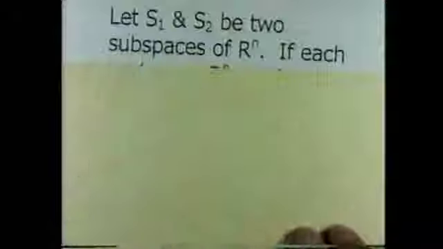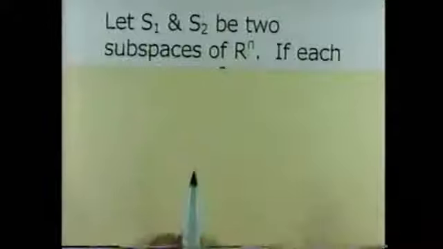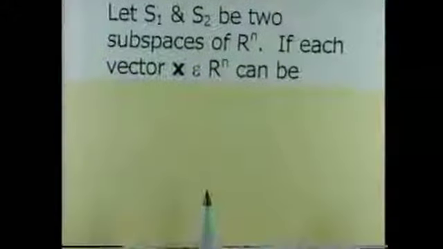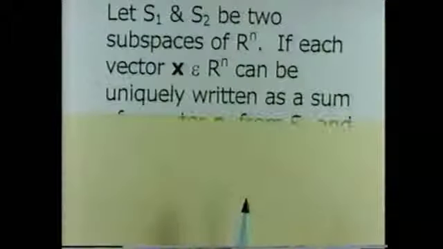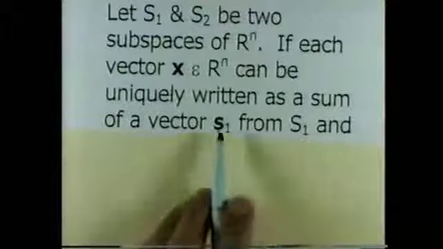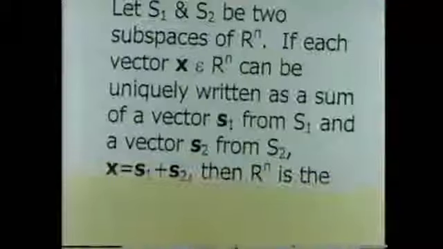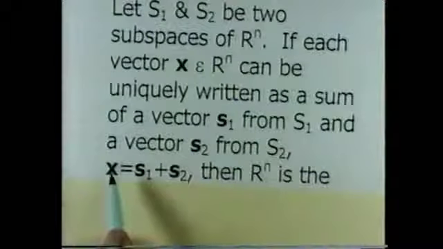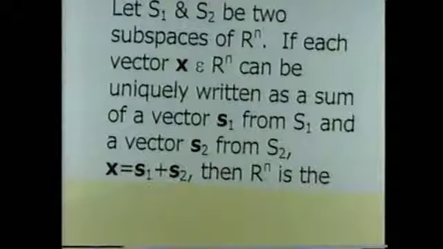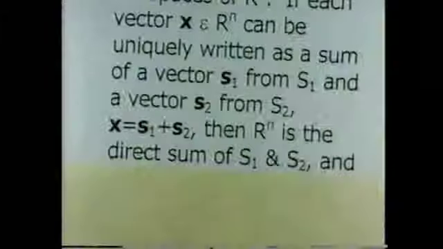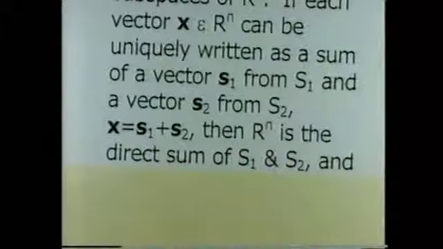Now let's let S1 and S2 be two subspaces of n space. If each vector x in n space can be uniquely written as the sum of a vector S1 from set 1 and vector S2 from set 2, in other words, x, which is a vector in n space, is equal to S1 plus S2, then Rn, n space, is the direct sum of S1 and S2.